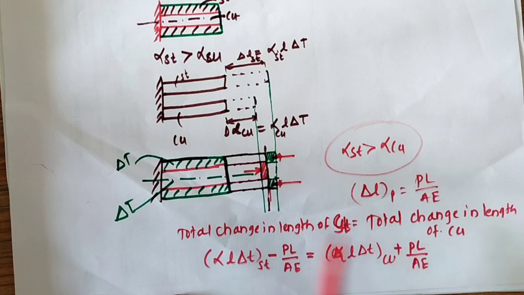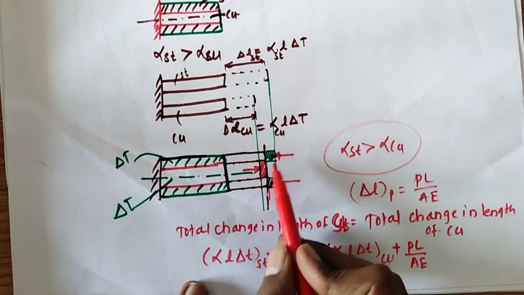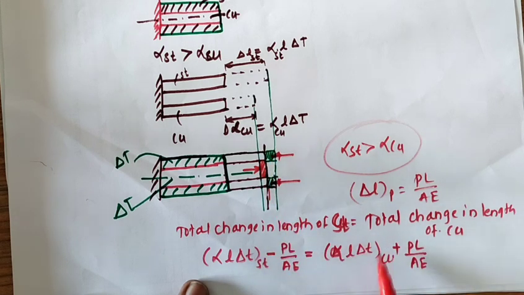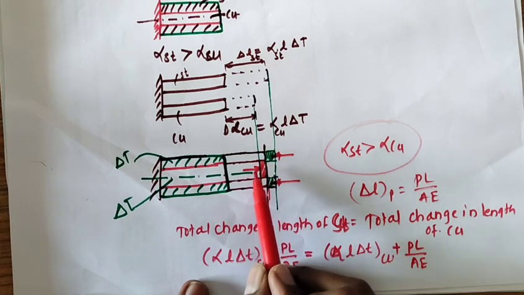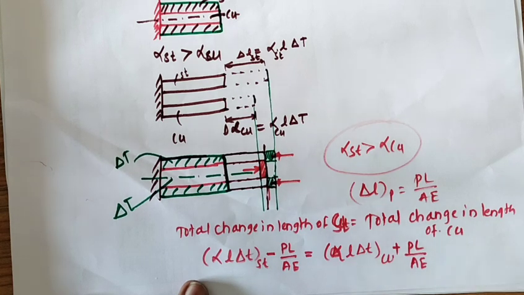And when you need to find the change in length, it is the free expansion expected minus this compression for steel, while in copper, it is the free expansion expected plus the expansion due to tensile force. So in case of copper it will be added, while in case of steel it will be reduced.